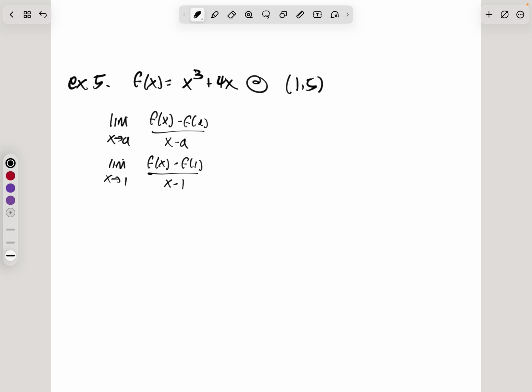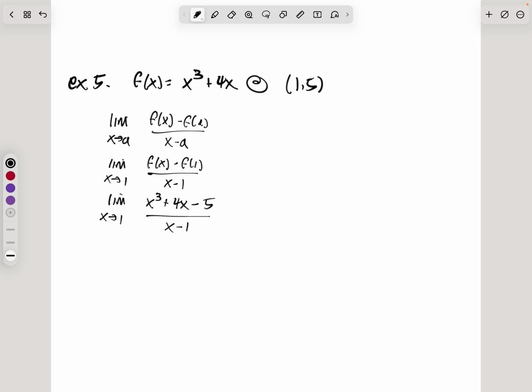Let me explain why. So in this case, we have the limit as x approaches 1 of f of x, and then minus f of 1, which we're given is 5.